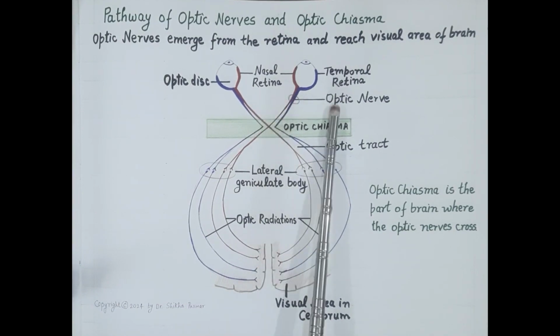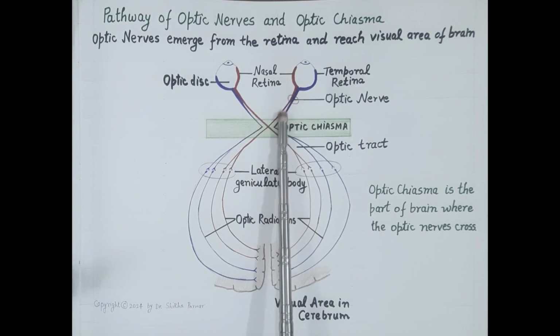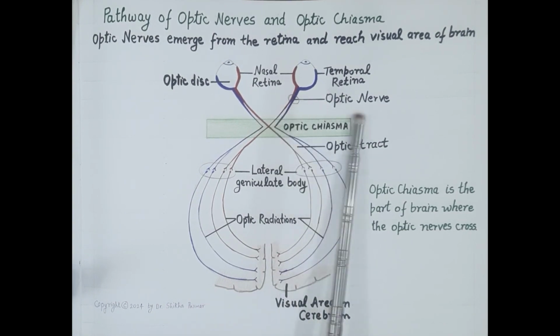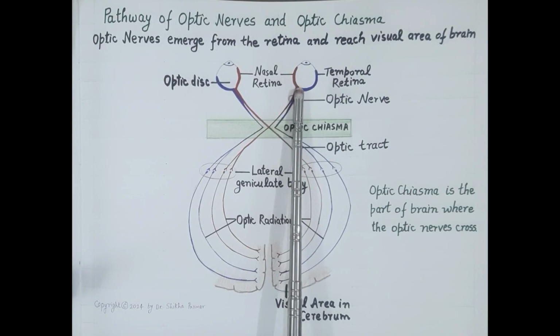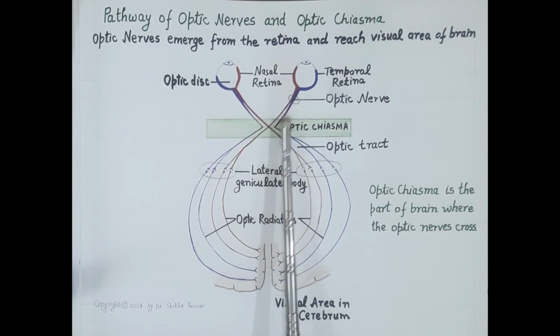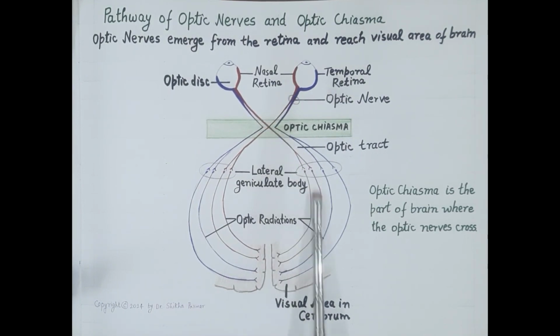Now look at each eye. The nerve fibers from the nasal side, shown here in red color, and nerve fibers from the temporal side, shown here in blue color, together form the optic nerve. Further, nerve fibers of the optic nerve from the nasal side of each retina, shown here in red color, cross over to the opposite side.